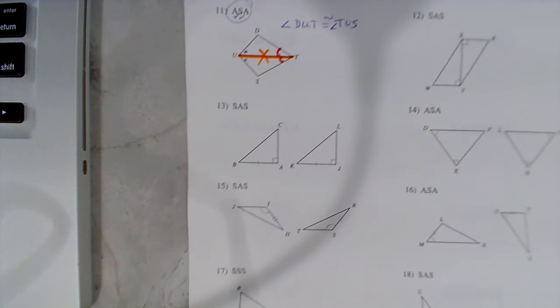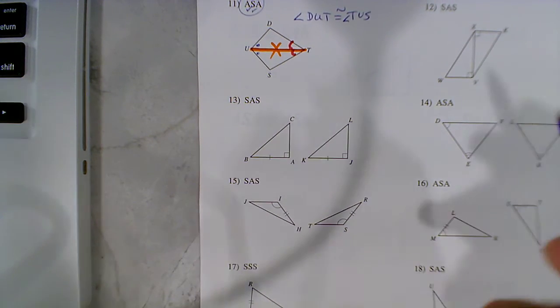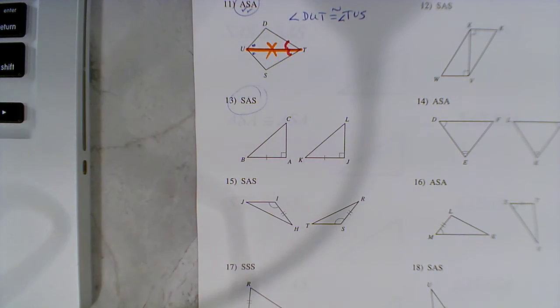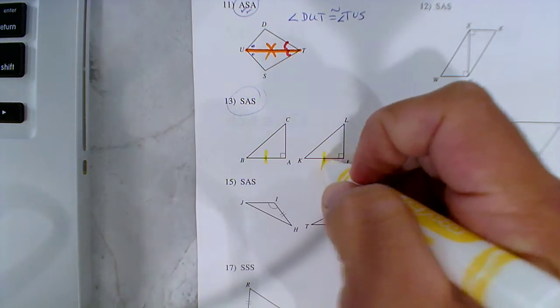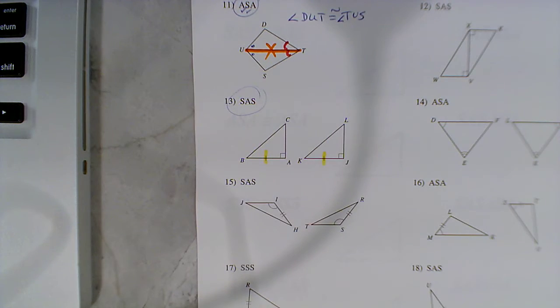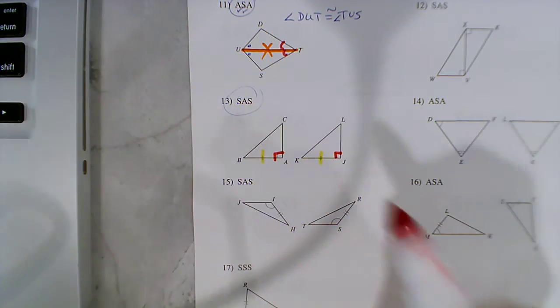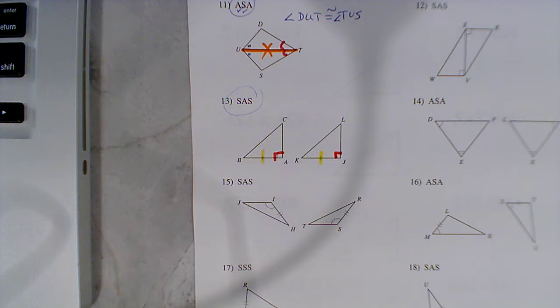All right, I'm going to go down. I'm not going to do them all, but I'll do some. So this guy wants side, angle, side. So what do I have? Well, in this case, I seem to have a pair of sides, and I seem to have a pair of angles, and I need side angle side. So with side angle side, it had to be the angle in between the two sides.